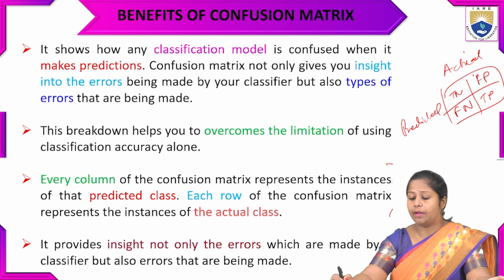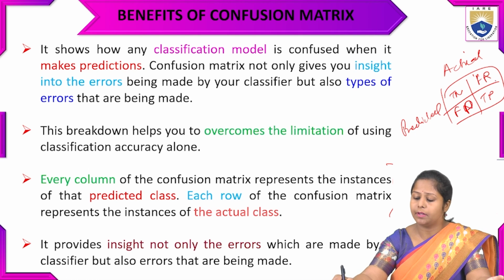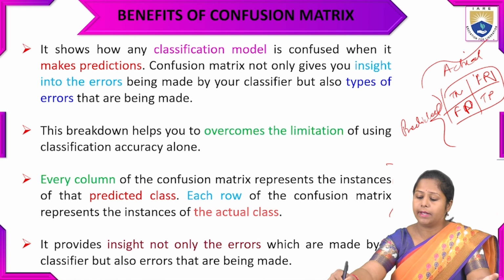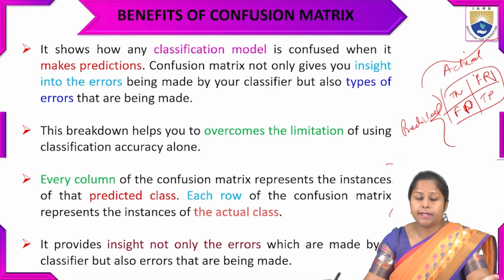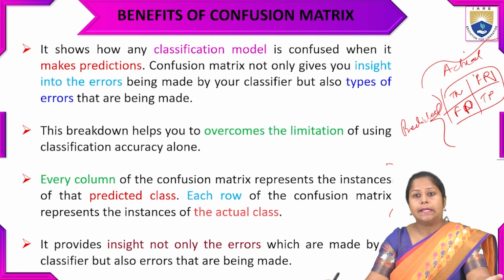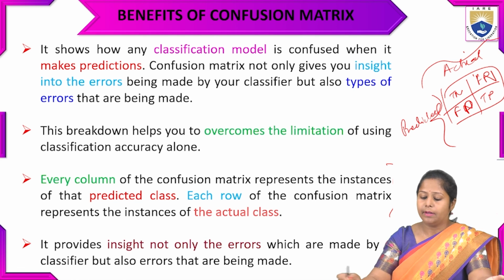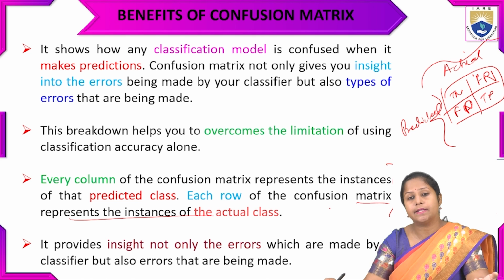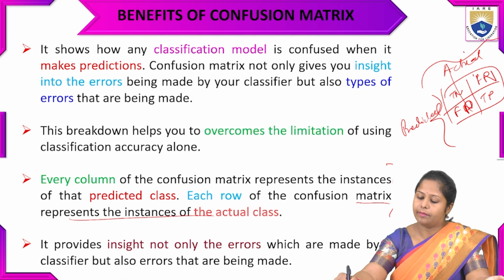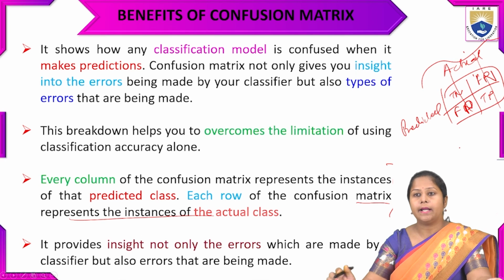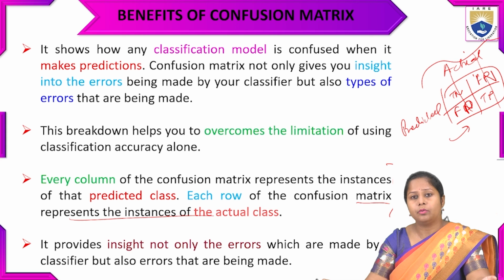So the columns are the predicted class, and each row represents the instances of the actual class. On the basis of these rows and columns, we can understand the particular confusion matrix, and what the actual true positive and true negative classes are.